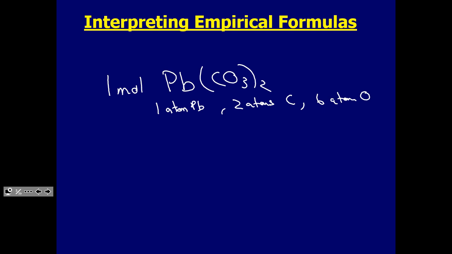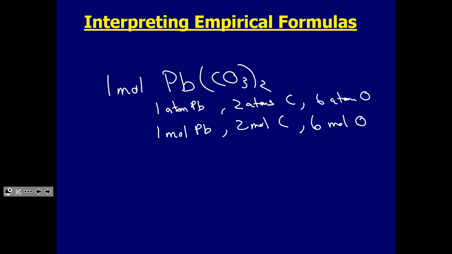Remember we said you can pull off those atoms. I would have 1 mole of lead, 2 moles of carbon and 6 moles of oxygen.